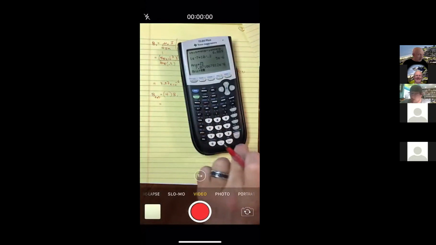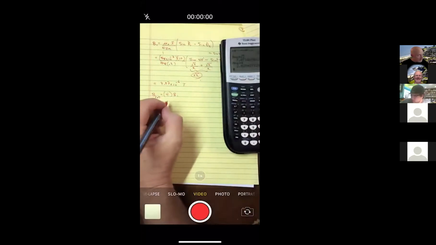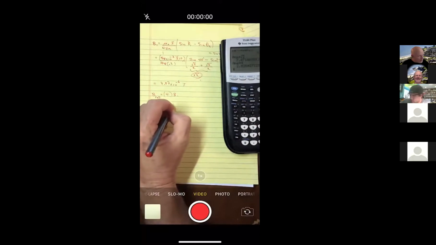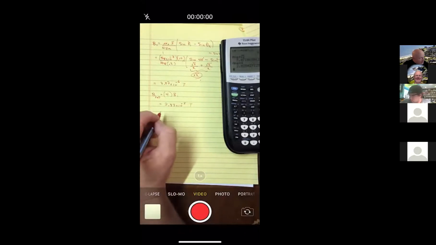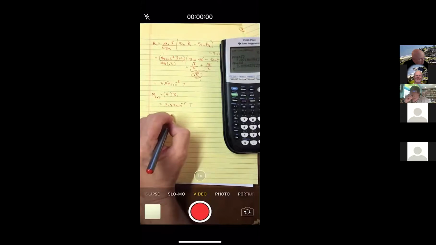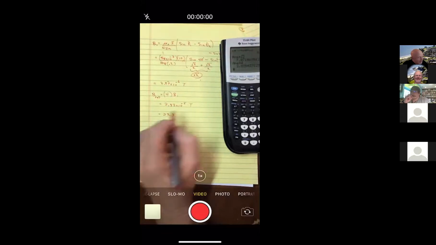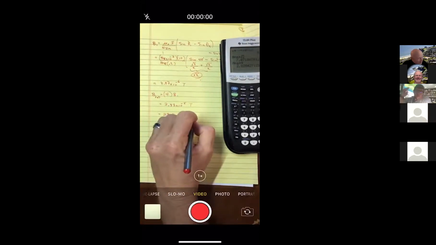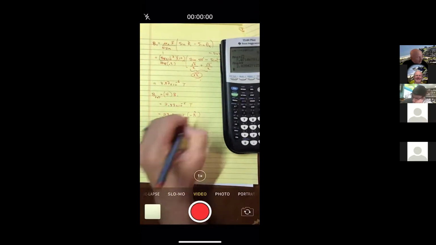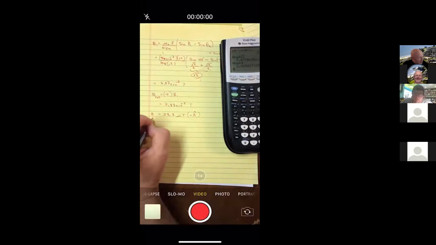So times 4 gives me 2.83 times 10 to the minus 5 Tesla, which probably would be best written as 10 to the minus 6, which is micro Tesla. And then, of course, remember we said earlier on that the direction was inward.